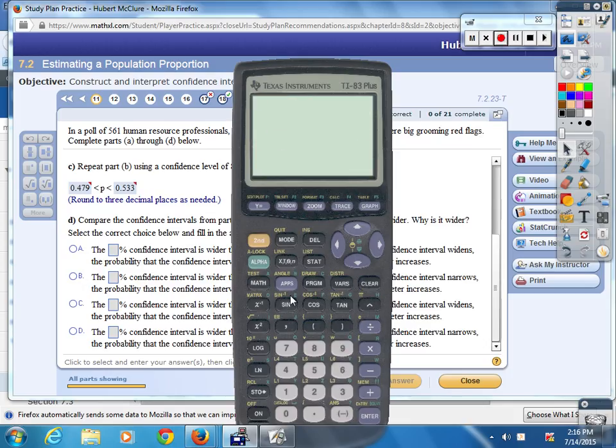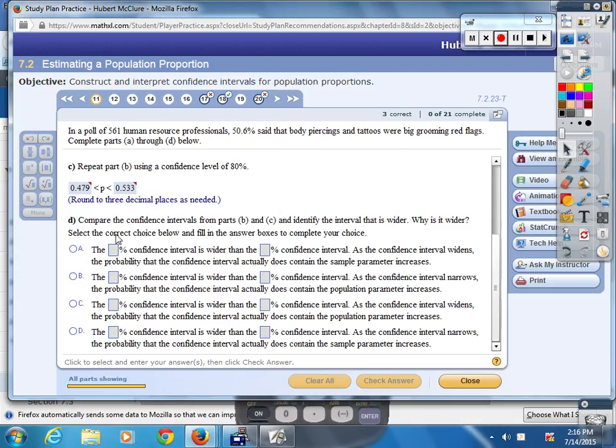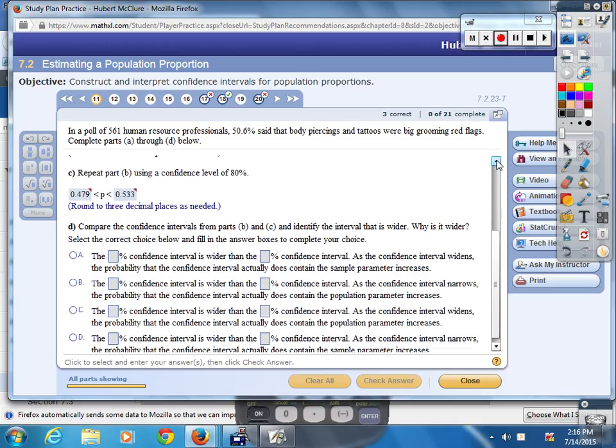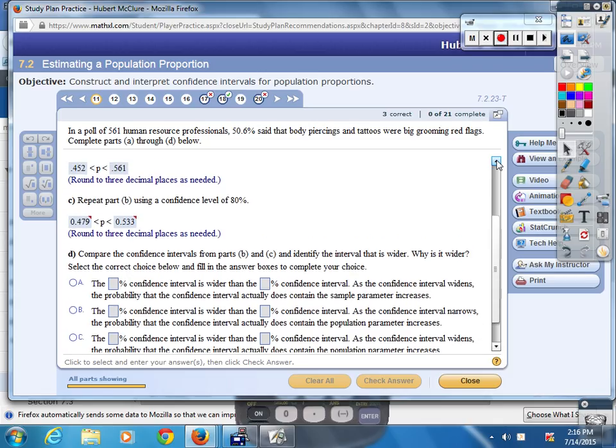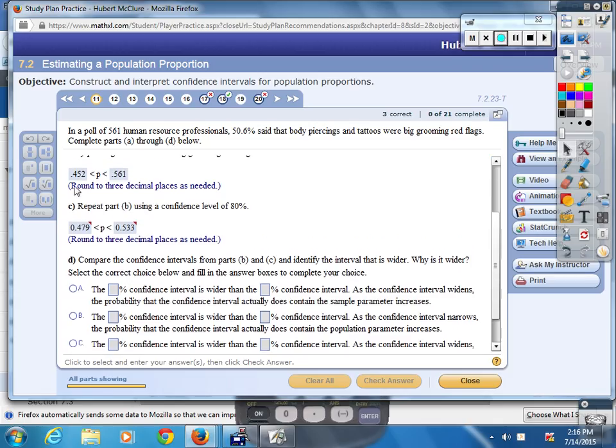All right, now it says, compare the confidence intervals from part B and C. Okay, 45% to 56% and 48% to 53%, right? So it's a shift. I'm thinking out loud.